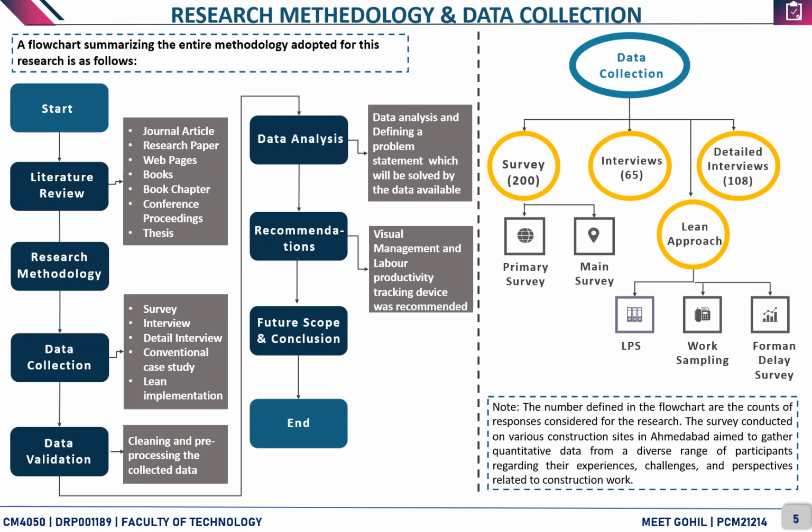Note, the numbers defined in the flowchart are the count of responses considered for the research paper. The survey conducted on various construction sites in Ahmedabad aimed to gather quantitative data from a diverse range of participants regarding their experience, challenges and perspective related to construction work and labor productivity.